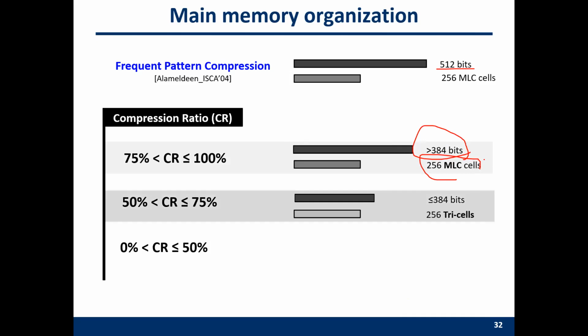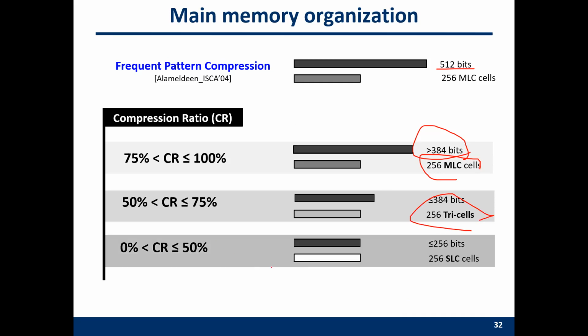If your data is more compressible, then we can use the triple level cell. If your data is highly compressible, it can be reduced to less than 50% of your original data, then we can use a single level cell. So by different compression ratios, we can store data in different types of cells.